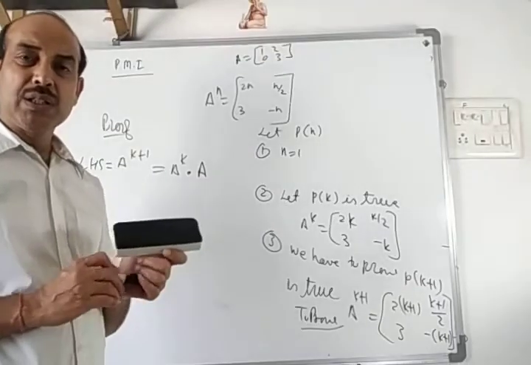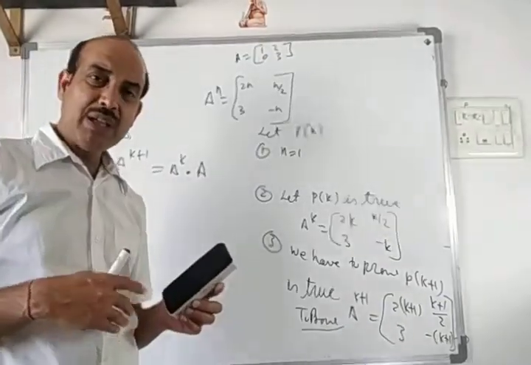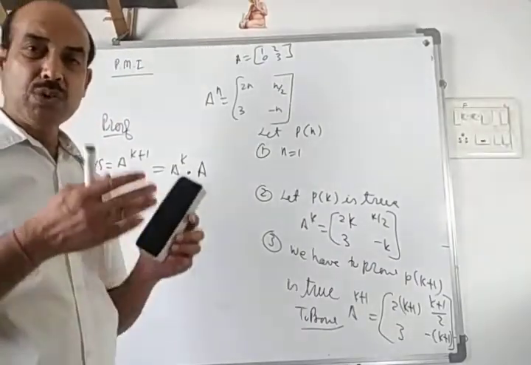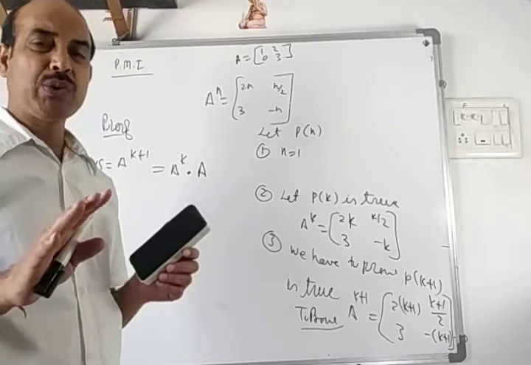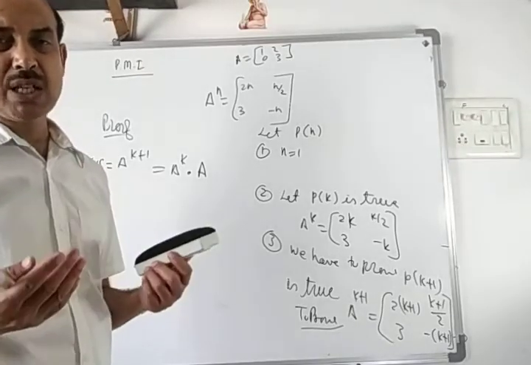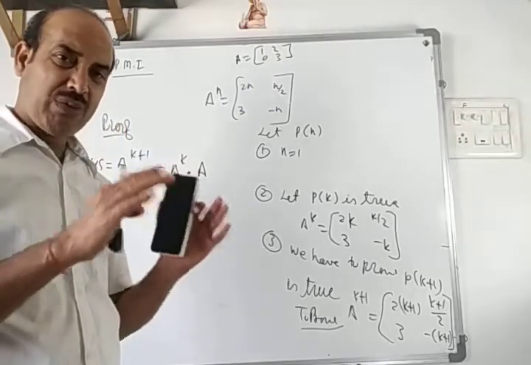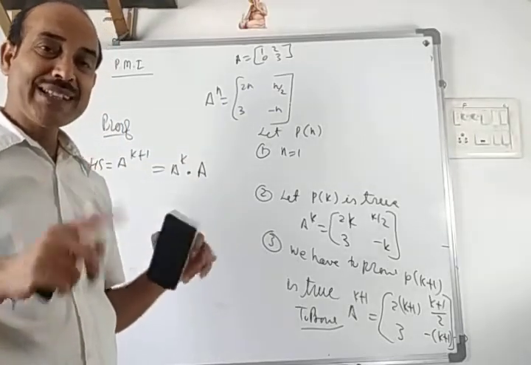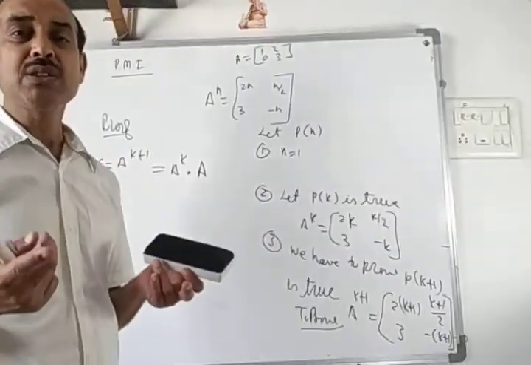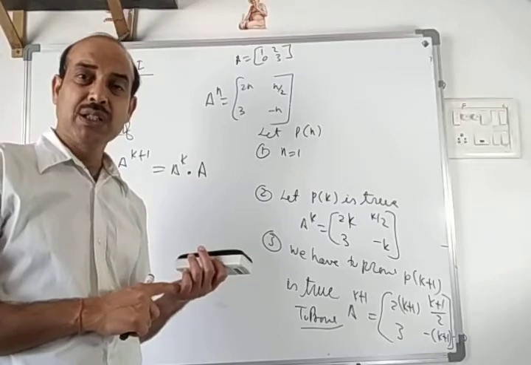Other than this, if you have any doubt from any exercise, you can convey it to me, but always remember, before asking any doubt to the teacher, you have to attempt this question. However much you can do, one step, two steps, three steps, please do it yourself. Read the question, write what is given and what is to be proved properly, and then do something and send this photo to the teacher so that he or she can understand where you are making the mistake.